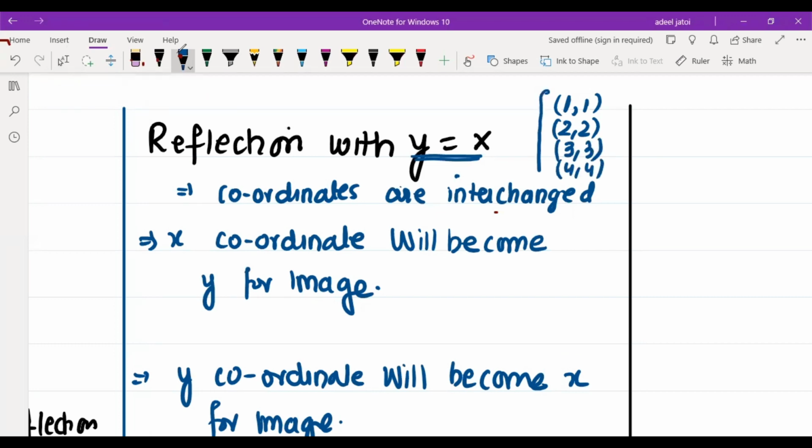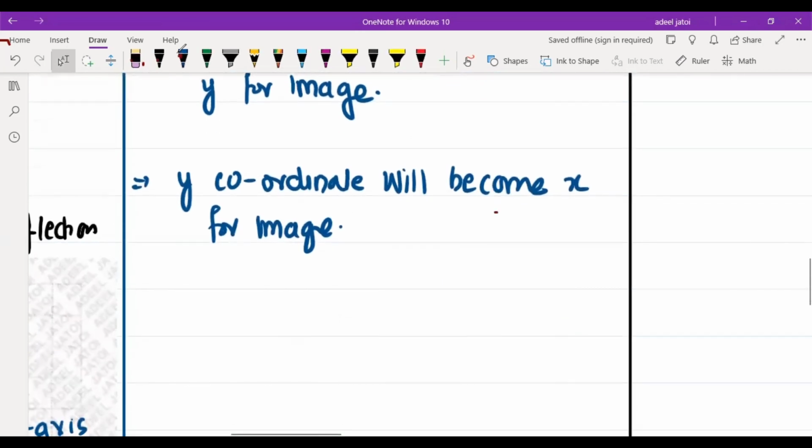This will be used when we have the y is equal to x line. That means whenever the reflection line with respect to y is equal to x is drawn, your reflection line will have coordinates 1, 1, 2, 2, 3, 3, 4, and 4. And then eventually your coordinates will interchange with respect to that.